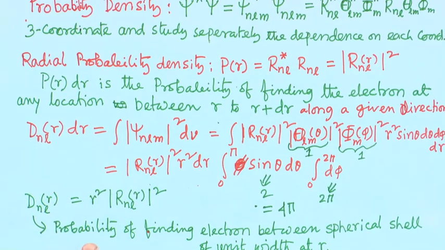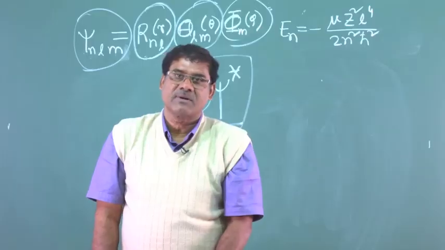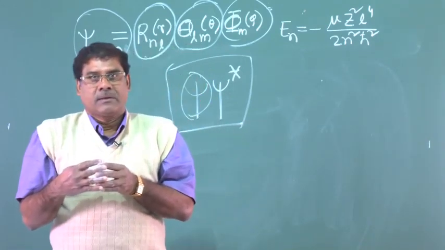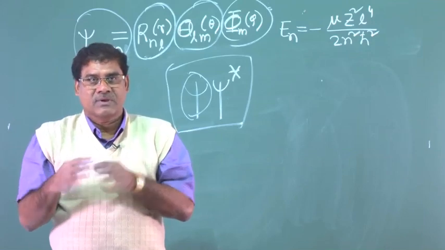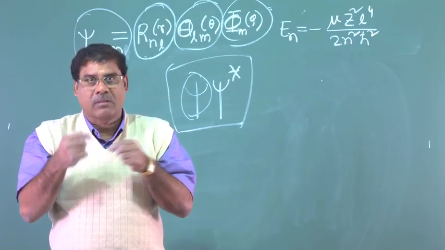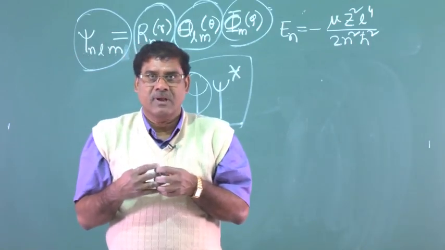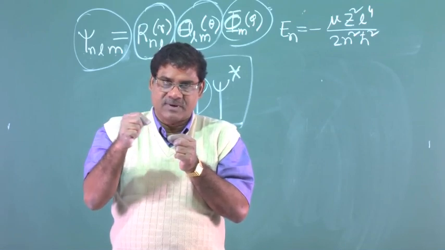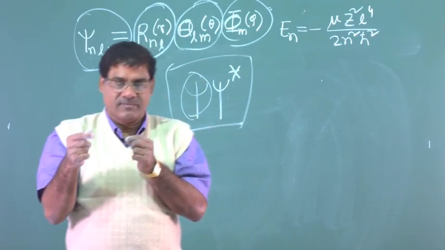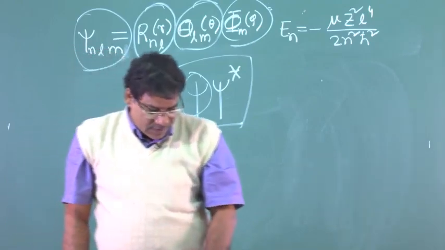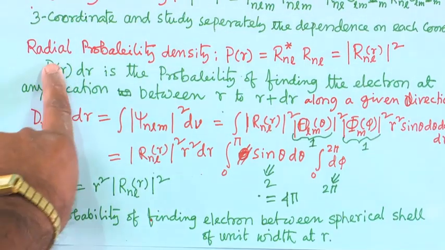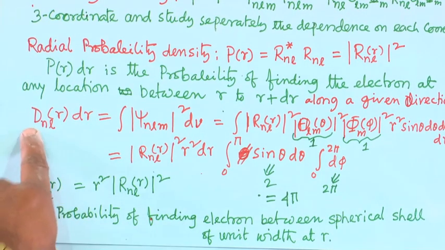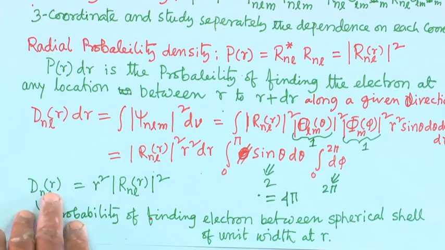This is basically the probability of finding the electron between a spherical shell of radius r and r plus dr, for all theta and phi directions.